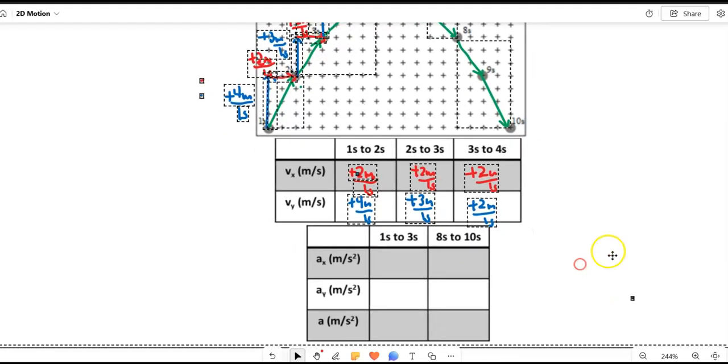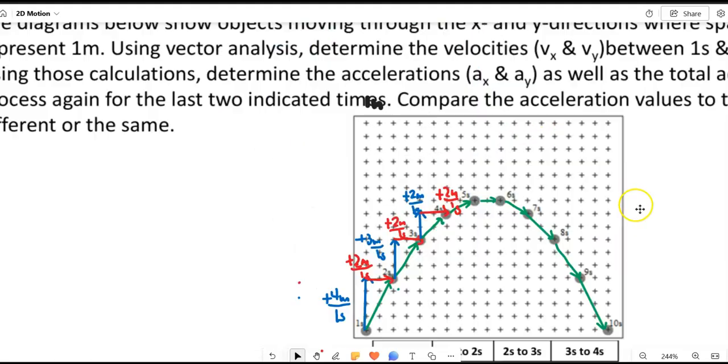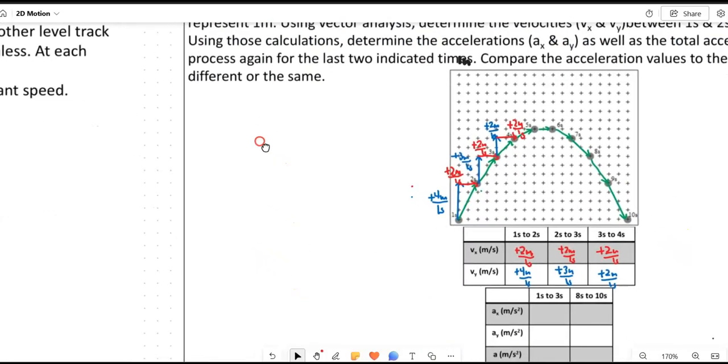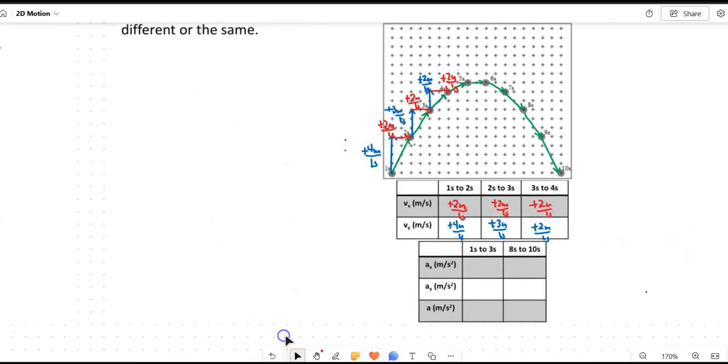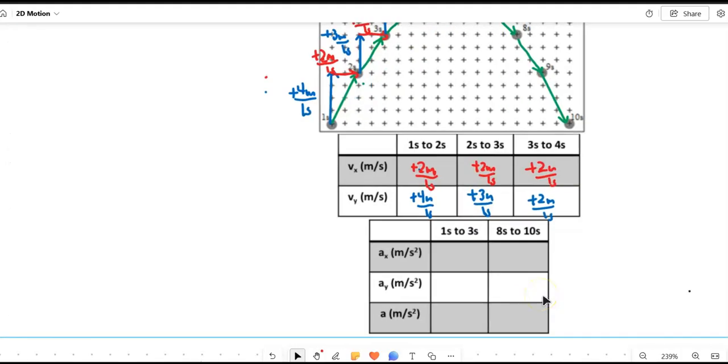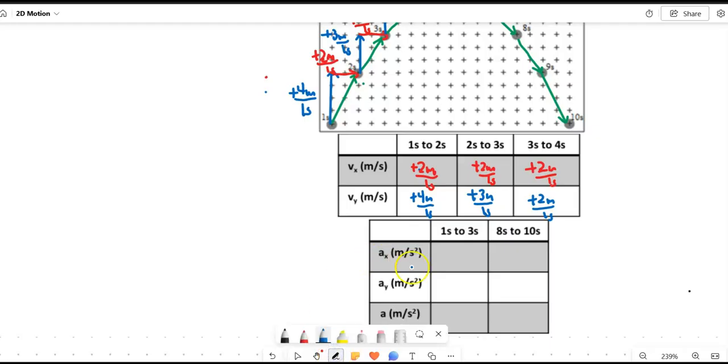And so let's put this information together. So in the x direction, I guess what it's asking is, what is the overall acceleration across the x direction? And intuitively, we could do this right now. It doesn't seem to be changing its velocity at all. So we would say 0 meters per second. Okay. Now, in the y direction, it does look like it's changing.